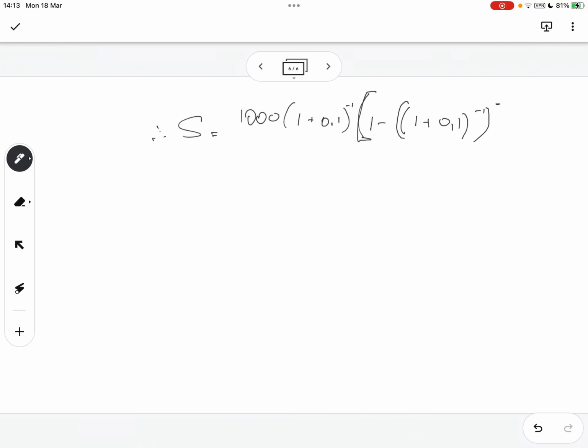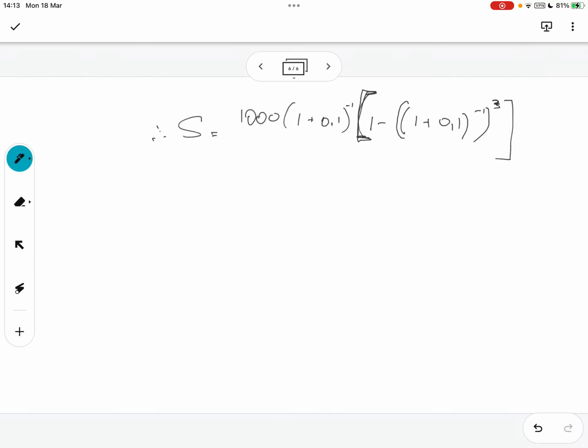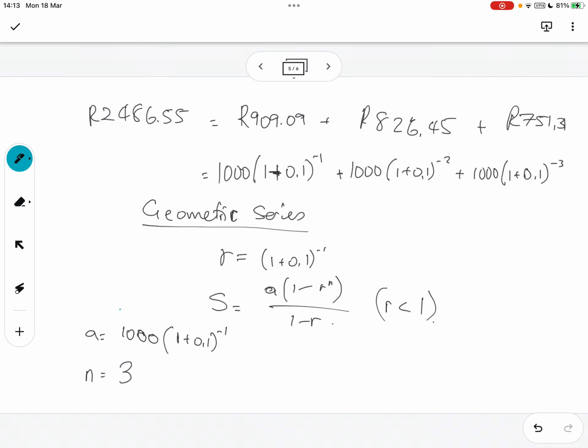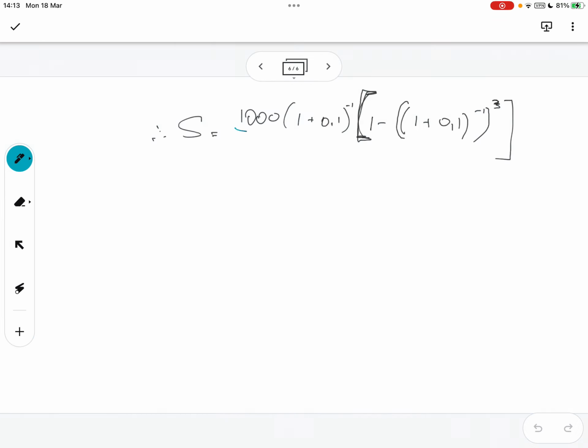Oh yeah, r is that and it's raised to the power 3, right? Remember, I'm just going to go to the previous page now. Okay. Our a is this one here, right? So in this equation, it is this one here.